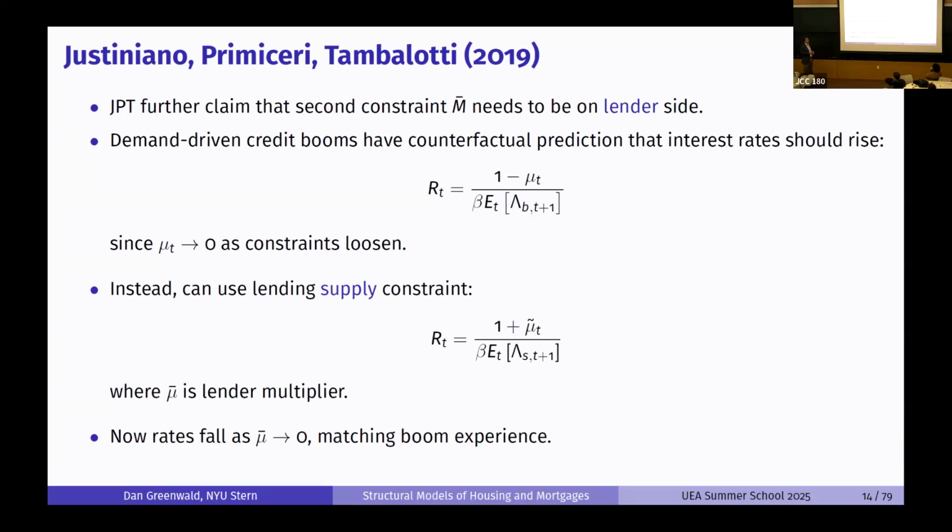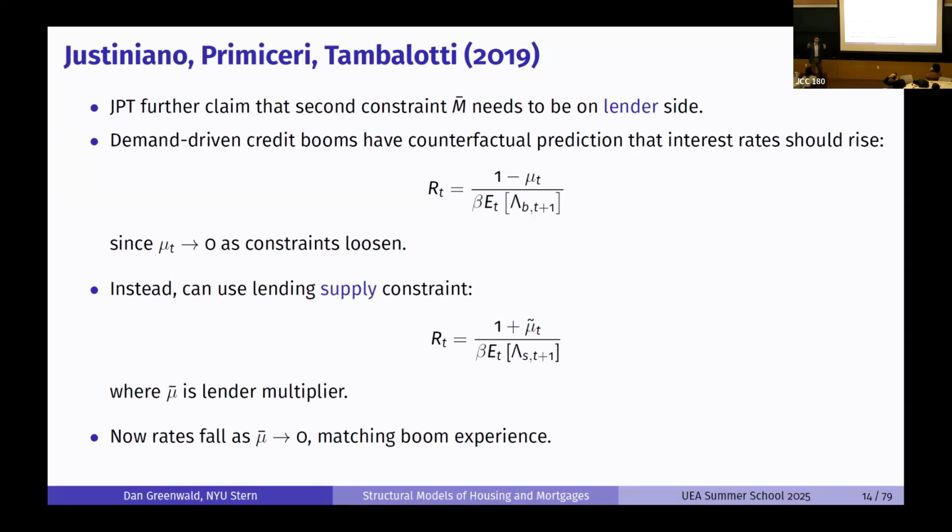Or sorry, this is the lowest rate that the lenders are willing to offer, right? You can see it as a minus mu here. So as constraints loosen, remember mu is the multiplier on your constraint. As you make constraints looser and looser, that thing will go to zero. Eventually, if the constraints are so loose they don't exist, mu will be zero, right? So in this world, rates tend to be rising as you relax credit constraints. And that's counterfactual because during the 2000s housing boom, rates were falling.